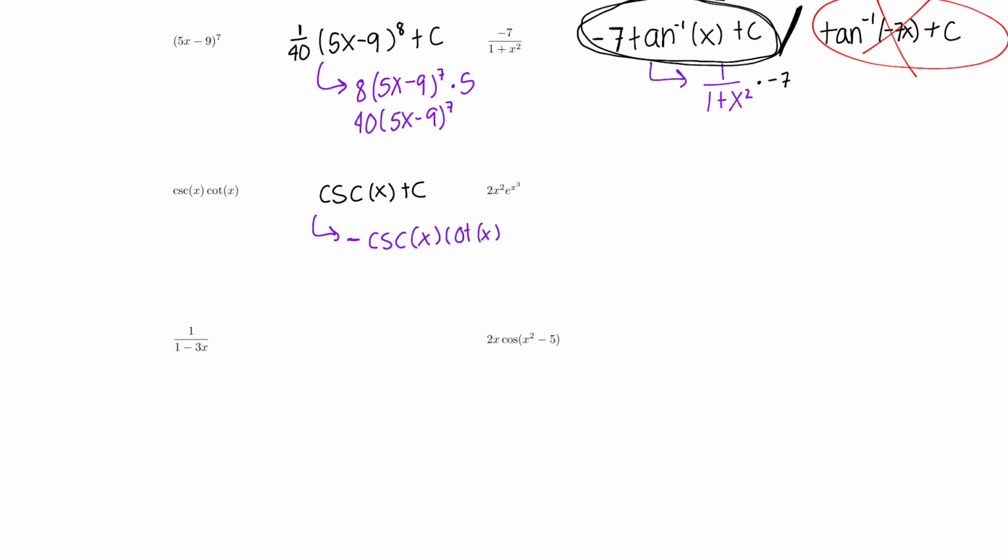So if we want to take this derivative and have it be positive, we would just put a negative in front. So negative cosecant, its derivative would be negative, so they cancel to be positive, and then negative cosecant x times cotangent.